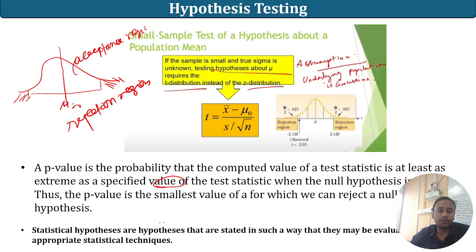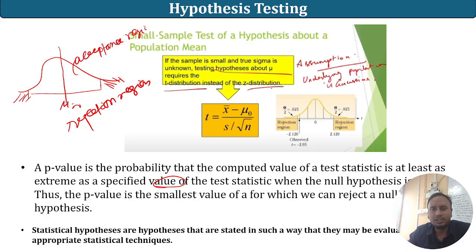Statistical hypotheses are stated in such a way that we have to evaluate them for a population using different statistical techniques. So a hypothesis is something where we infer something about the population or maybe samples.